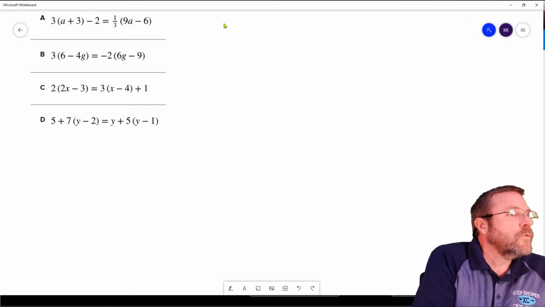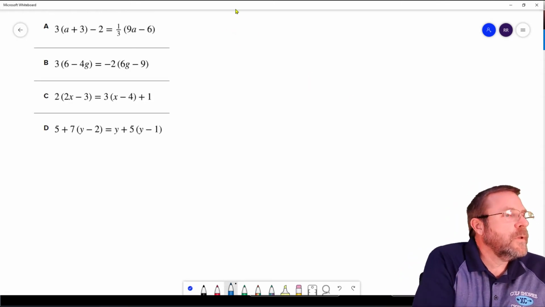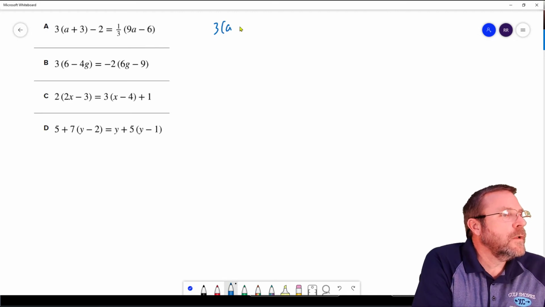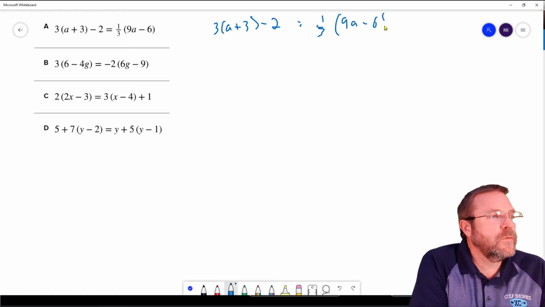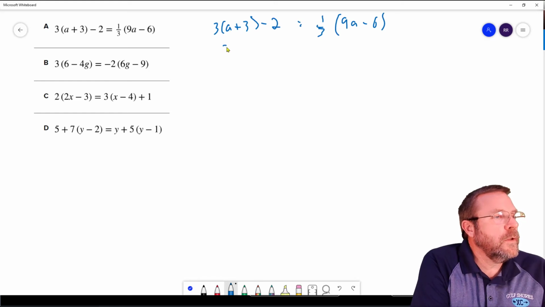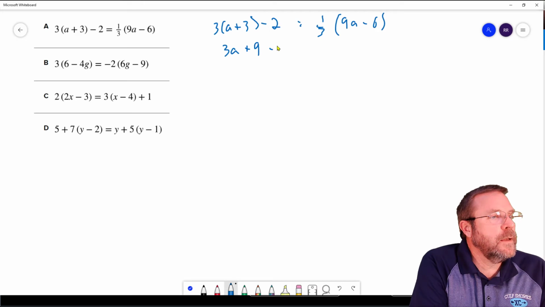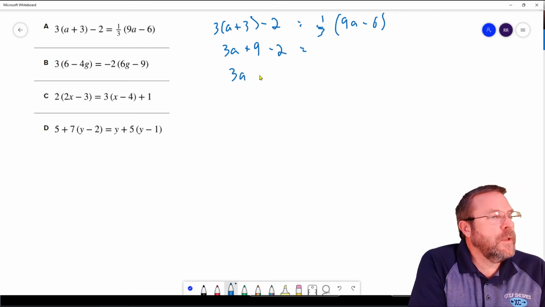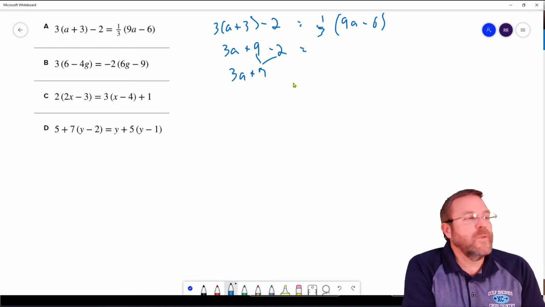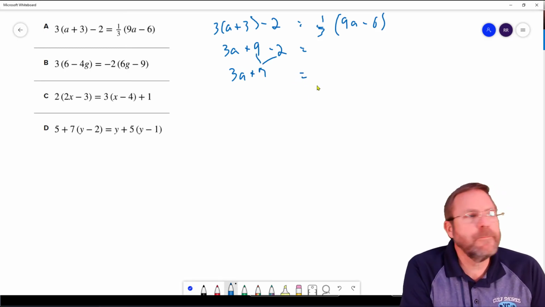First one is going to be, let's get my pen going here, 3 times a plus 3 minus 2 is equal to 1/3 times 9a minus 6. Well, 3 times a is 3a. 3 times 3 is going to be 9 minus 2, which means on this side I get 3a plus 7, because 9 minus 2 gives me 7, and that's where I'm going to stop for now.